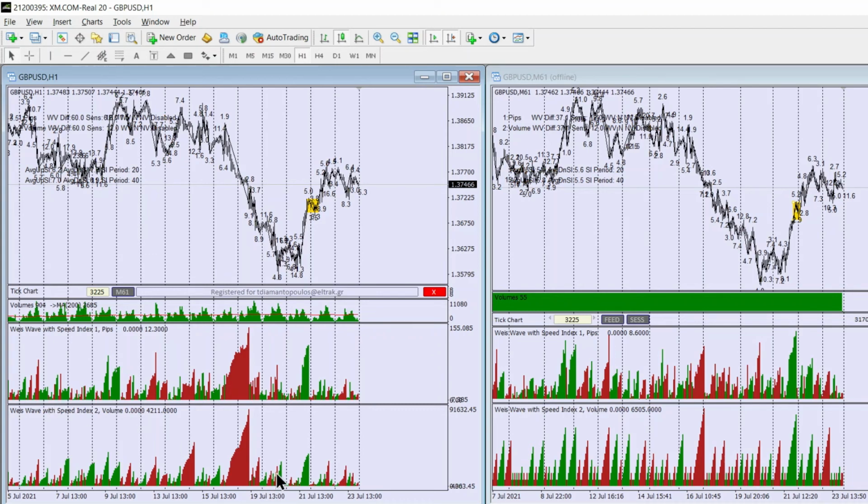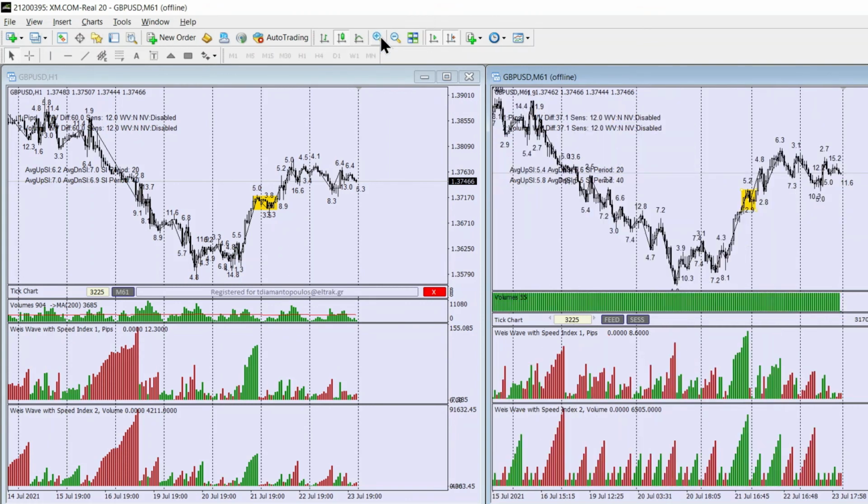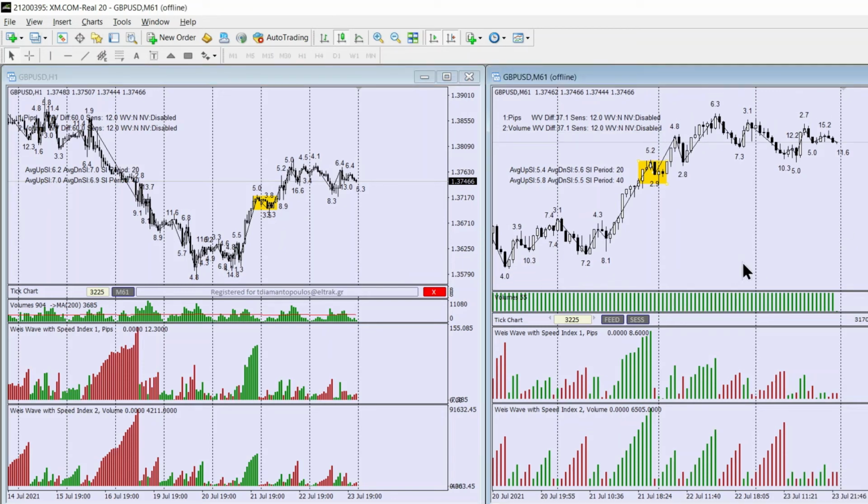Here it is not that easy to see. First of all, we got different wave lines touching because we have a different chart. We got fewer waves and more clear waves on the tick chart.